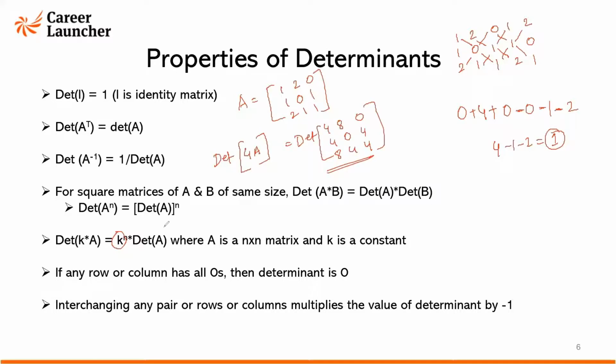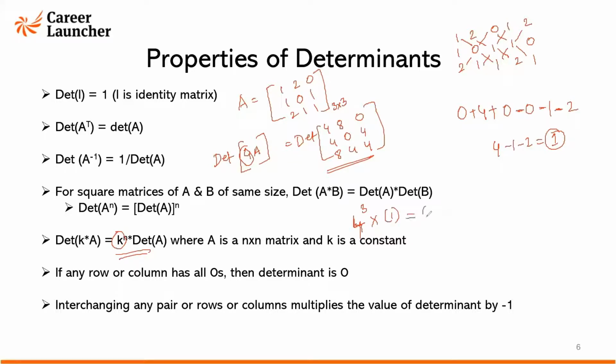But according to the property here, you don't have to find this determinant. You take the 4 outside and raise it to the power of 3. Why am I raising to the power of 3? Because A is a 3 by 3 matrix. So 4 raised to the power of 3 multiplied by determinant of A, which is 1.